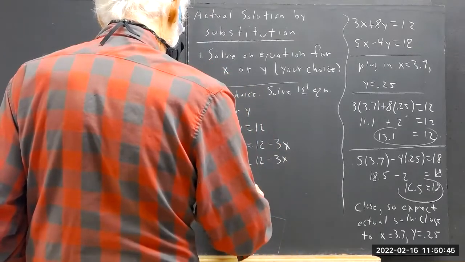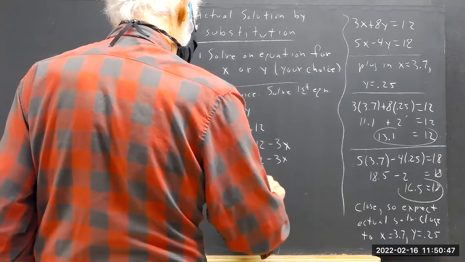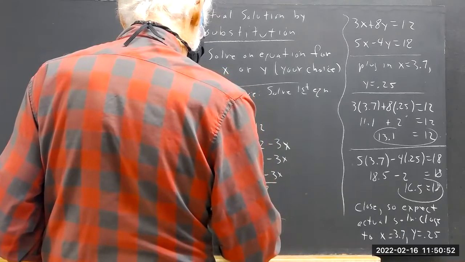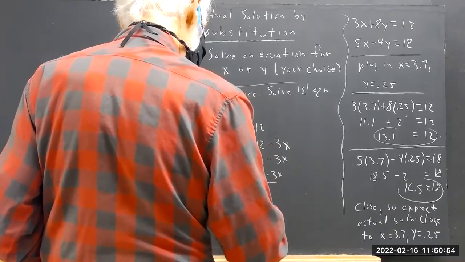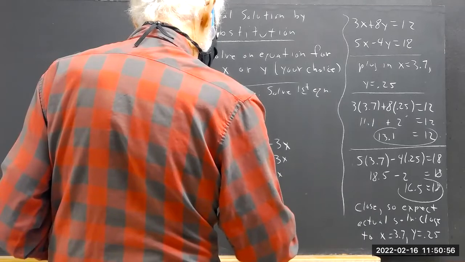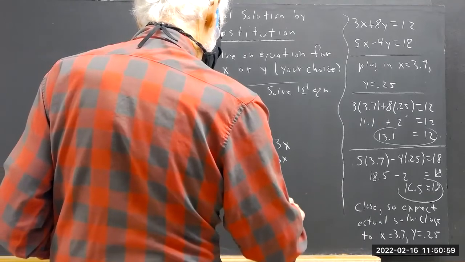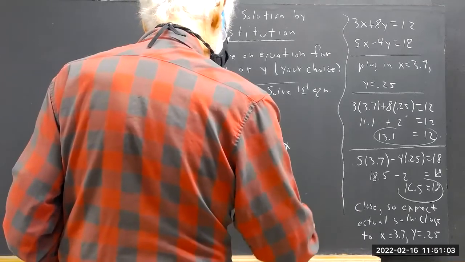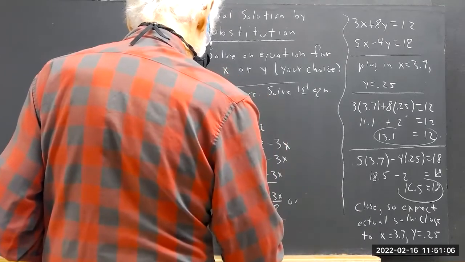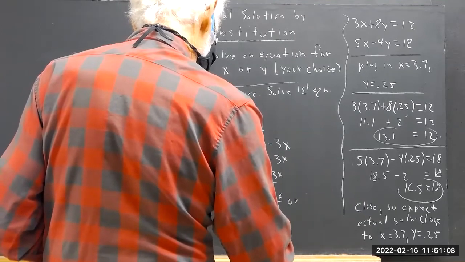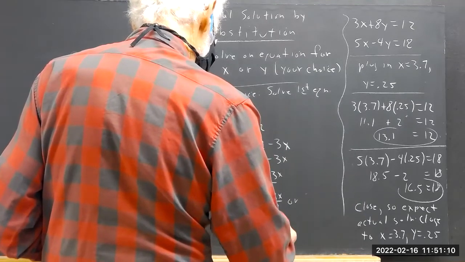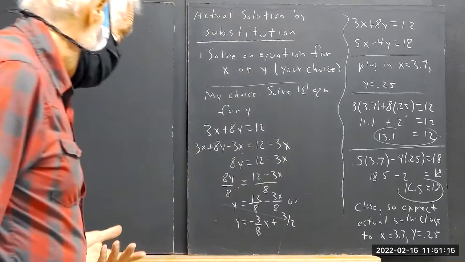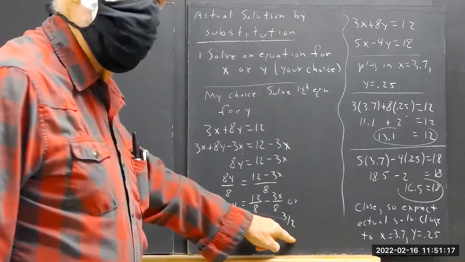So we divide both sides by 8, and we get y equals 12 over 8 minus 3x over 8. Or y equals negative 3/8 x plus 3/2, just putting it in slope-intercept form.